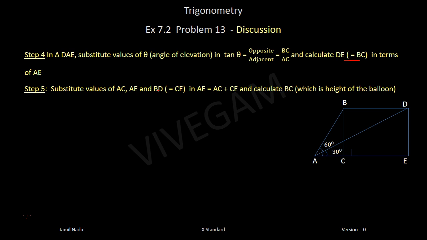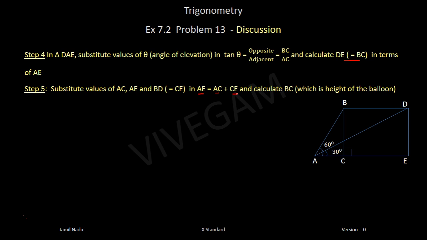DE also we just got in terms of BC, right? Because tan 30 is BC by AC, so you will be able to get AC in terms of BC. So now AC is also in terms of BC, and AE is also in terms of BC.